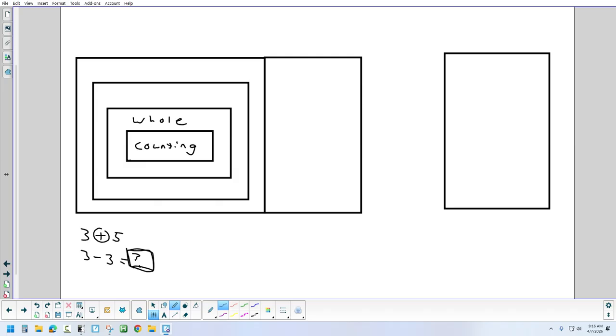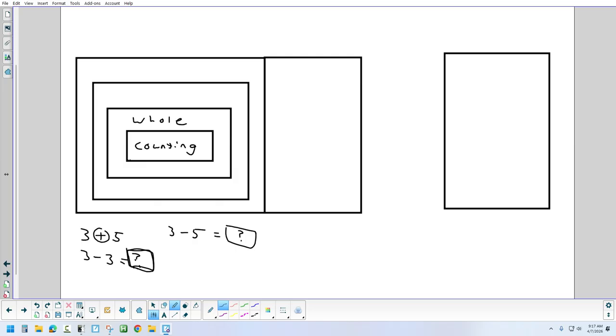Now if we extend that a little more, let's take the same counting numbers, like a couple people said a minute ago: 3 minus 5. If I do 3 minus 5, would it be a number that is in the whole number system? No, because whole numbers only include things from 0 and up: 0, 1, 2, 3, 4, 5.